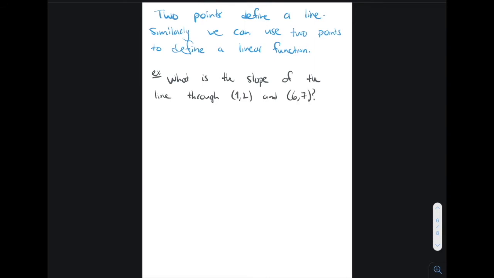We could extend this question to find the entire equation. Remember, slope we think of as the change in y over change in x. We might use the words rise over run, or delta y over delta x, the Greek letter delta referring to change in. We'd get 7 minus 2 over 6 minus 1, which is 5 over 5, so it has slope equal to 1.